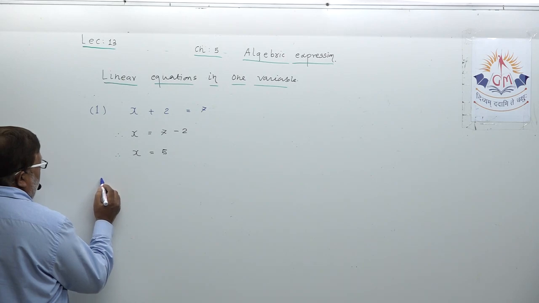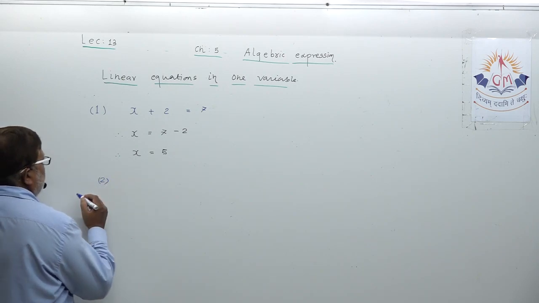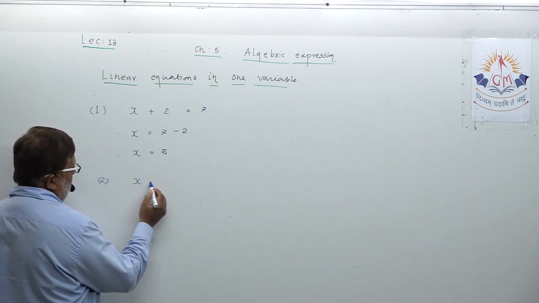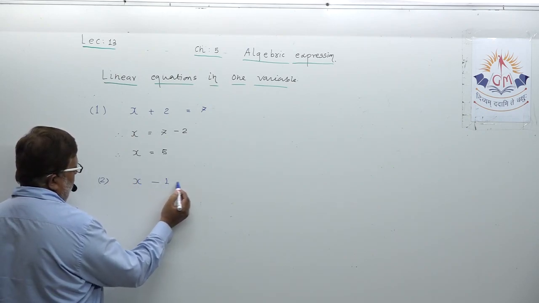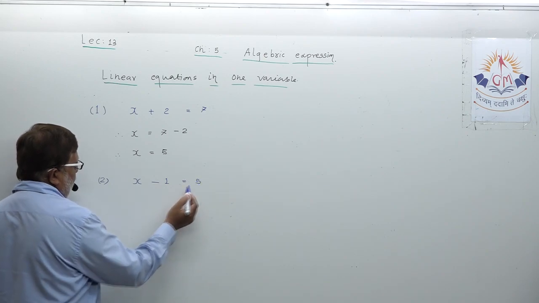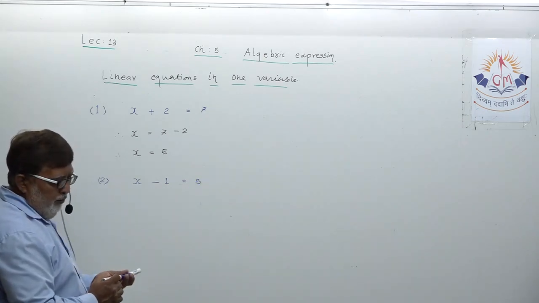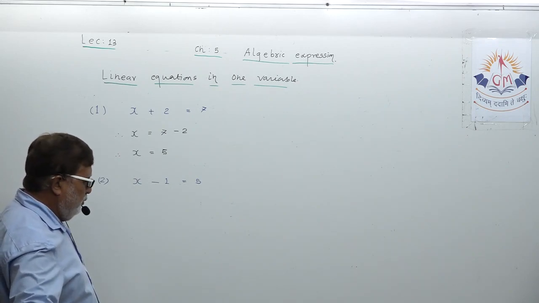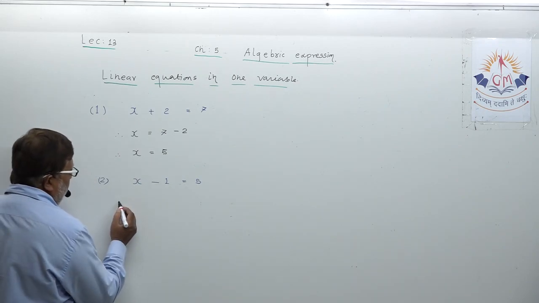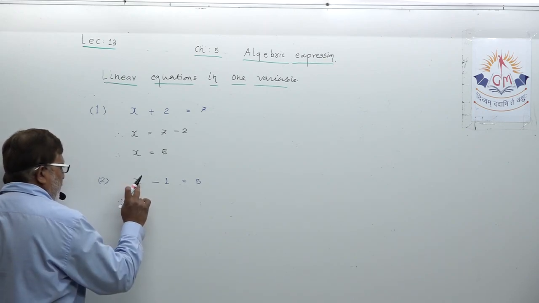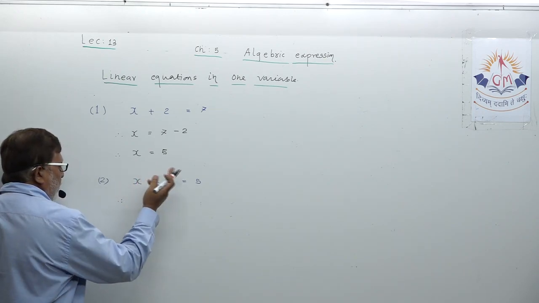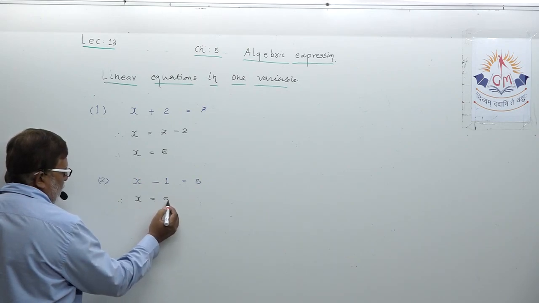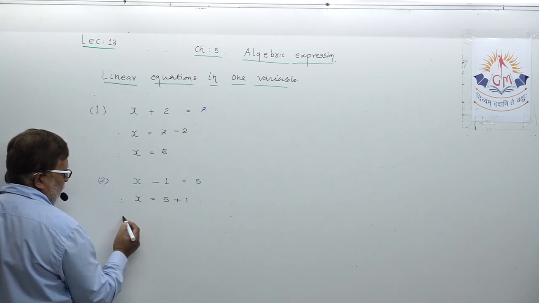Suppose the equation is like this: x minus 1 equal to 5. What will you do, dear student, to solve this linear equation? Just transfer the number. So you will write x equal to 5 plus 1.